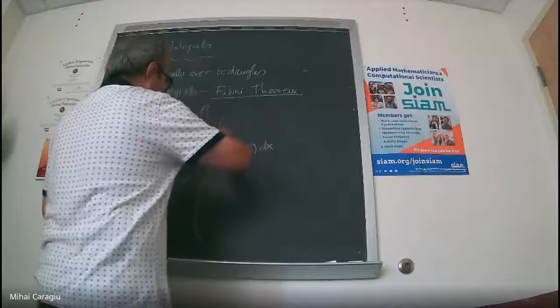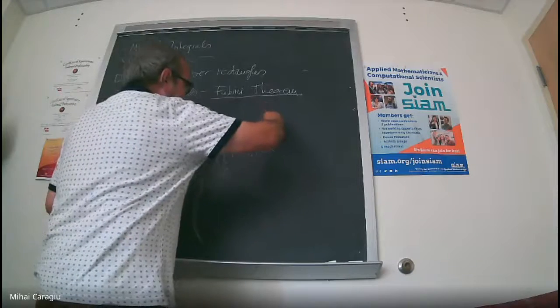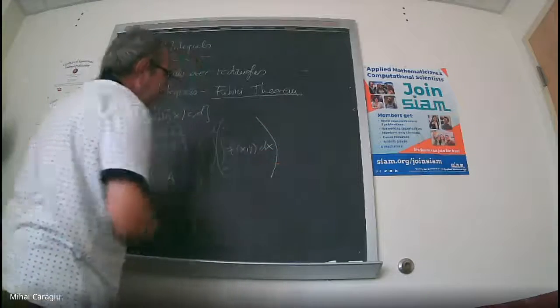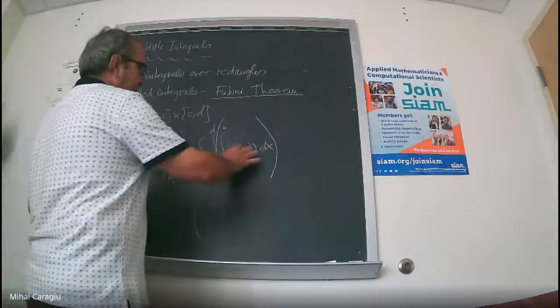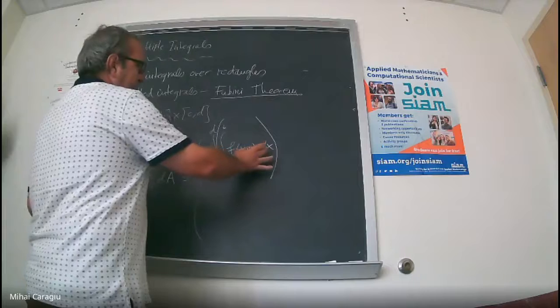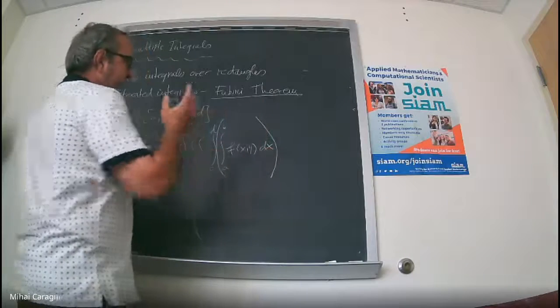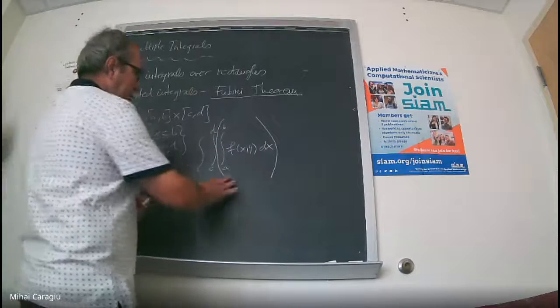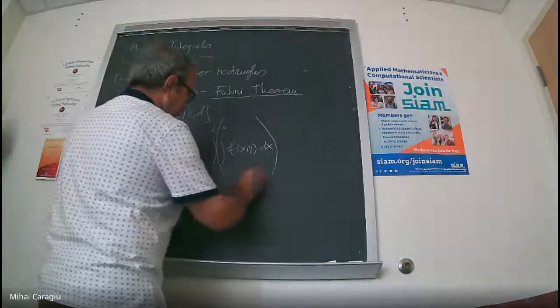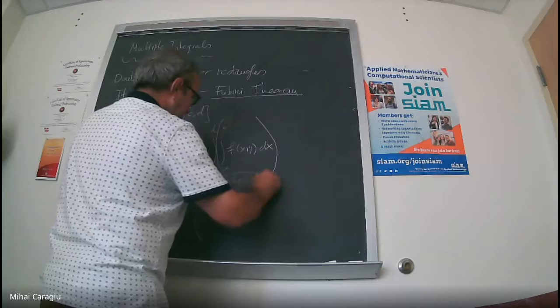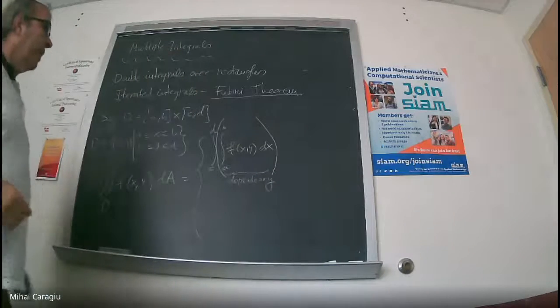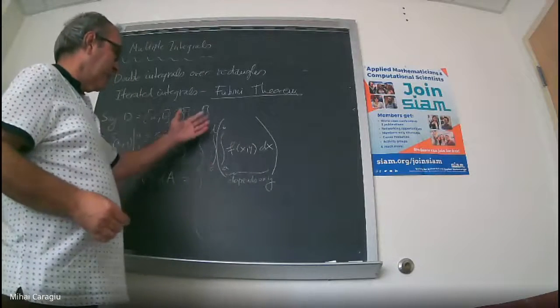In this part, you don't have to put the parenthesis, but I do it just for teaching reasons. If we integrate from a to b, f of x y dx, we integrate the x variable, and what's left is a function which only depends on y.